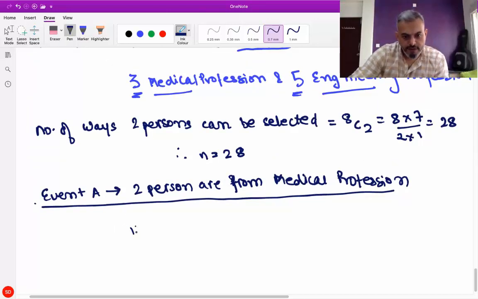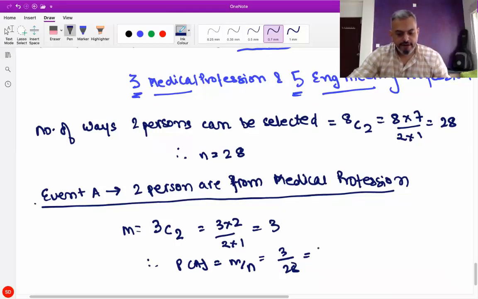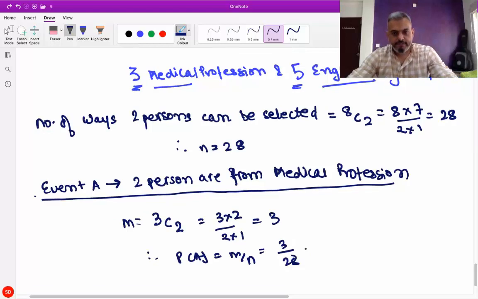So m is equal to 2 from medical, there are 3 people, so 3C2, which is equal to 3 into 2 upon 2 into 1, which is equal to 3. Therefore, probability of A is m upon n, that is 3 by 28.